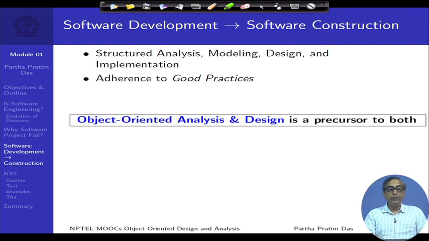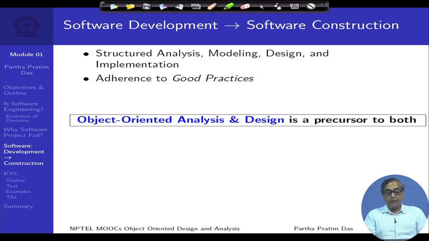So, we have a long way to go from the status of software development to the status of software construction. We look forward to a day when, like civil engineers and electrical engineers, we will be able to say that we have constructed a software, and if we have constructed it, it will work. The process will be predictable, quality will be predictable, quantum will be predictable, cost will be predictable, and we will adhere to all of that.